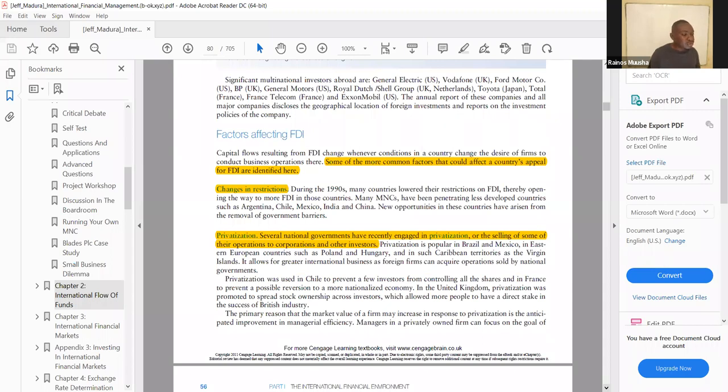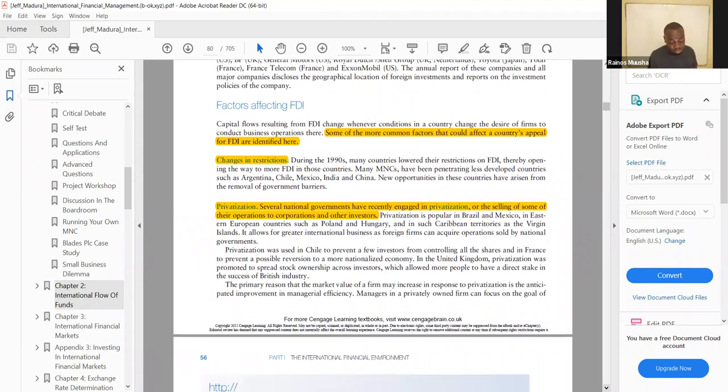But over time, because they are seeking to be more efficient in running these entities, they push more towards what? Privatization. And as they push towards privatization, foreign investors are now able to access a particular company they might have an interest in. Because they are able to invest in that company now because of what? Privatization, you're going to be expecting what? More money coming in as foreign direct investment as well.